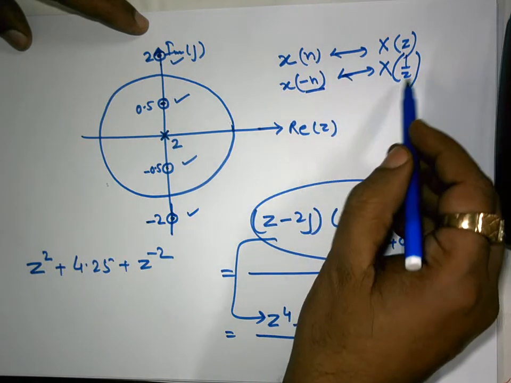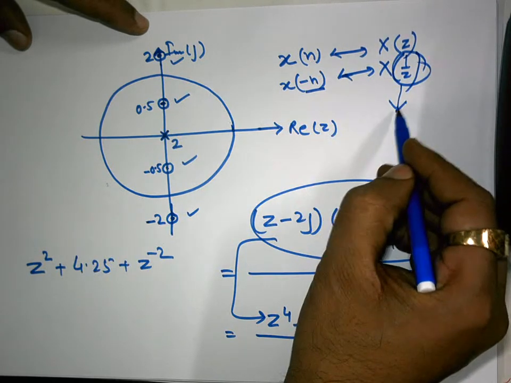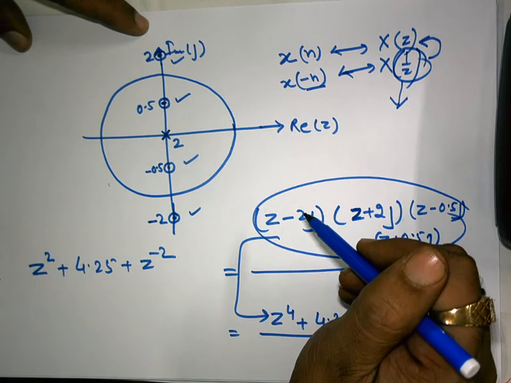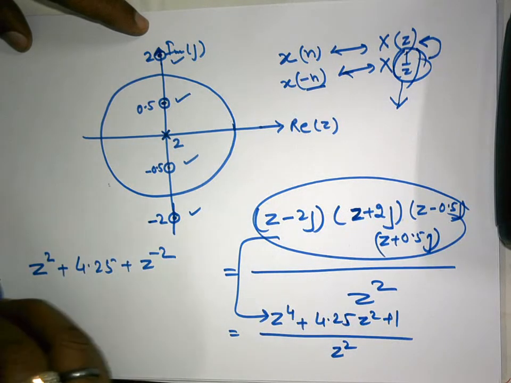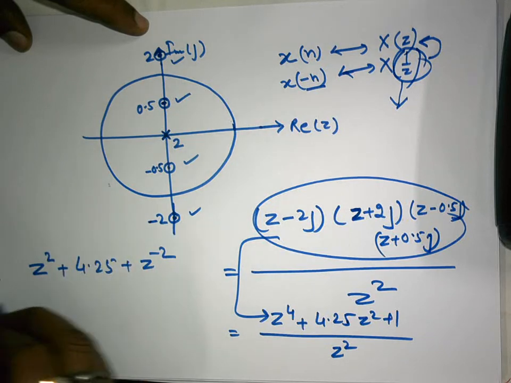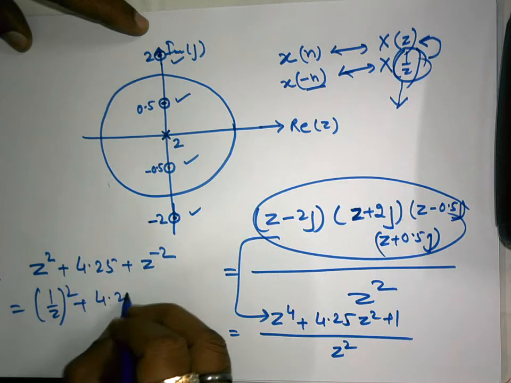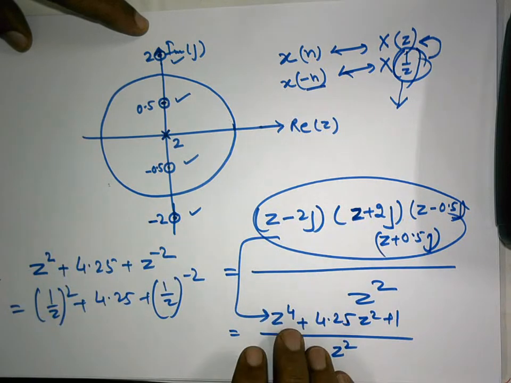And if by doing so we get the same Z transform as the earlier one, we can say that the signal is an even signal. This means we replace every z by 1/z. So X(1/z) for this same signal will be equal to (1/z) whole square plus 4.25 plus (1/z) to the power minus 2.